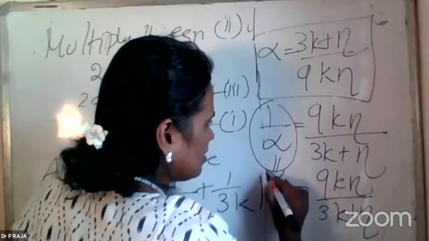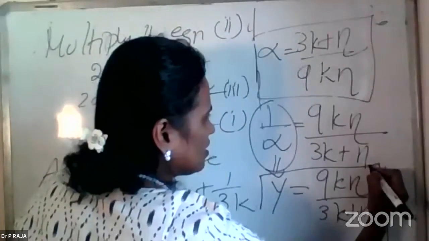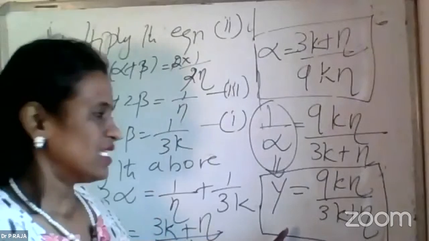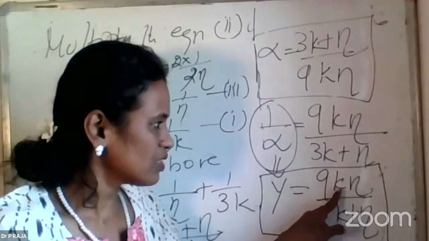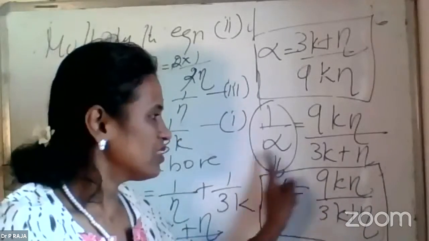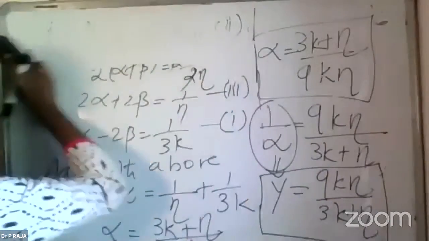So Y is equal to 9k eta divided by k plus eta. So this relation is connecting all the three moduli of elasticity. On the left hand side you have the Young's modulus, on the right hand side you have bulk modulus and modulus of rigidity connected in this form of equation. So I will write it at the last here.